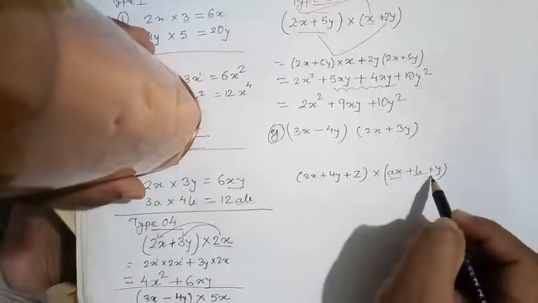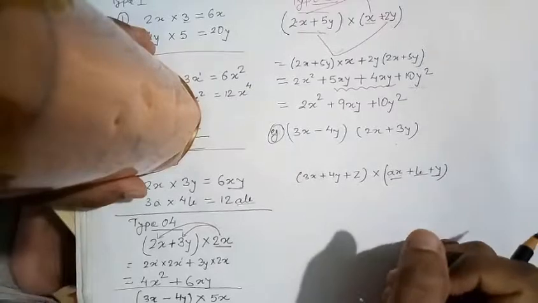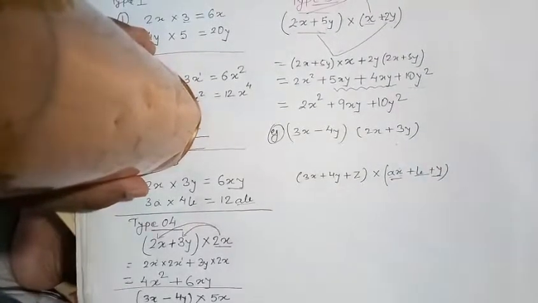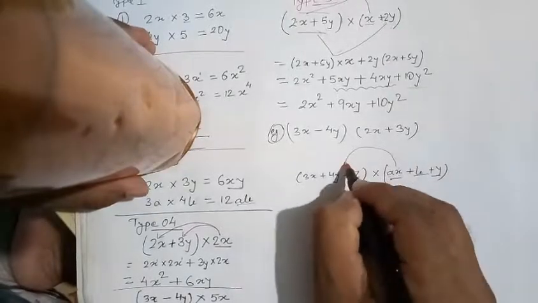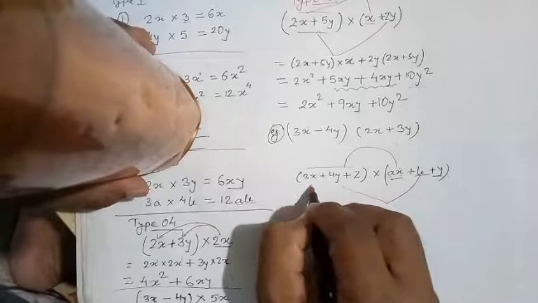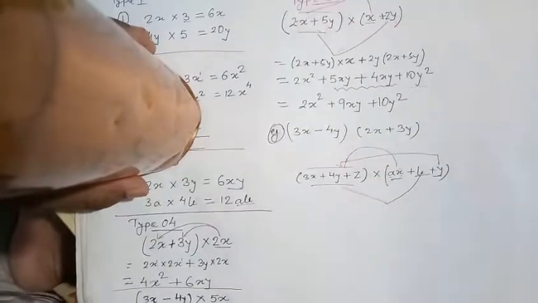Each term, all 3 terms will multiply with this whole thing. Okay, as I told you, open the bracket, this will multiply to the entire thing, this will multiply to the entire thing, and the last one, y, will also multiply with the entire thing.